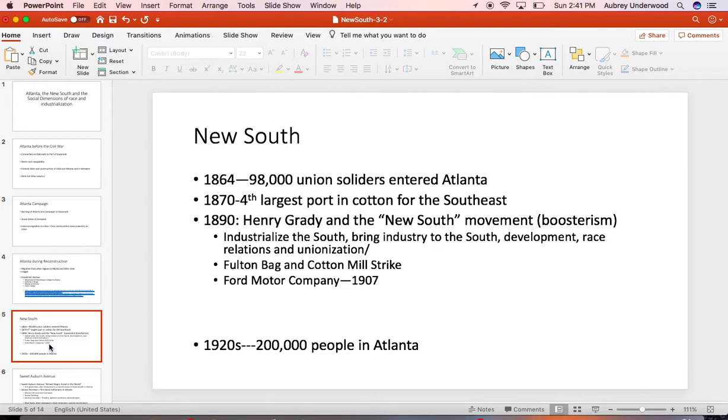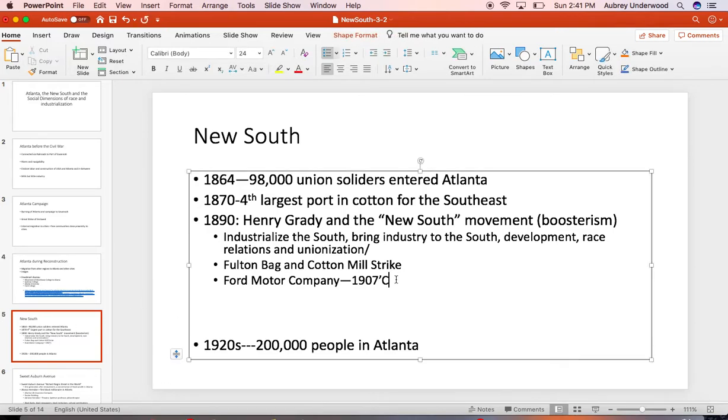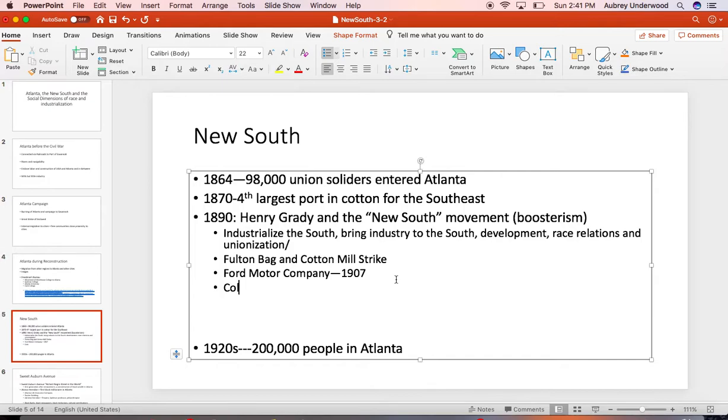You see really the expansion of the textile industry, meaning not only is the cotton produced in the South, but the locations for turning that cotton into other things will also be in the South for the first time. We'll also see, oh, I didn't even write this down, Coca-Cola, right? Coca-Cola will emerge in Atlanta by the 1890s, becoming one of the world's biggest industries.